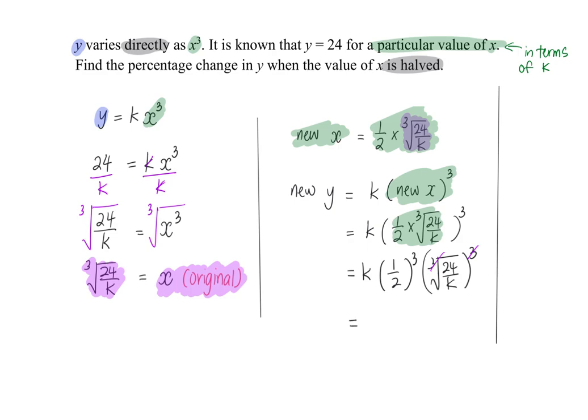So the next line becomes very important because I will have k times 1 over 8, half times half times half is 1 over 8, times this 24 over k, and I'm going to write k as k over 1, and from here you can then see I can apply my multiplication of fractions.